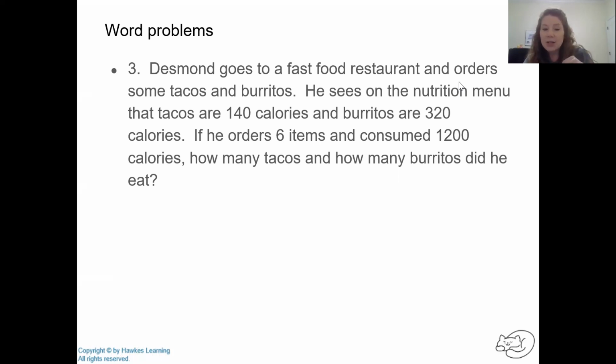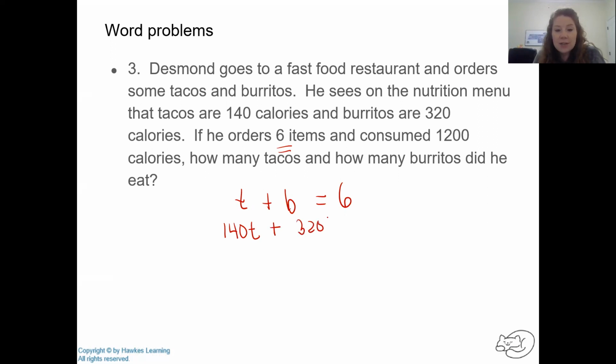And then the other equation is only about calories, right? So of the 6 items, tacos plus burritos equals 6. Now tacos are 140 calories per taco, plus burritos are 320 calories per burrito equals 1,200 calories.